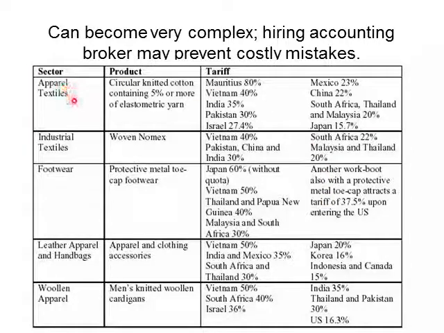So if you're importing apparel textiles from Vietnam, the tariff is going to be 40%, China is 22%, Mexico is 23%. If you're going to import footwear, it's 50% tariff tax from Vietnam. Japan is 60%. Leather, apparel, and handbags, 50% from Vietnam, 35%. And then woolen apparel also has different tariff percentages.